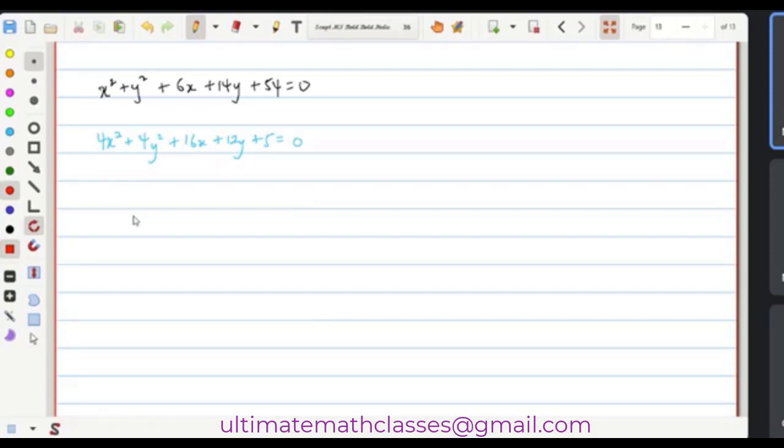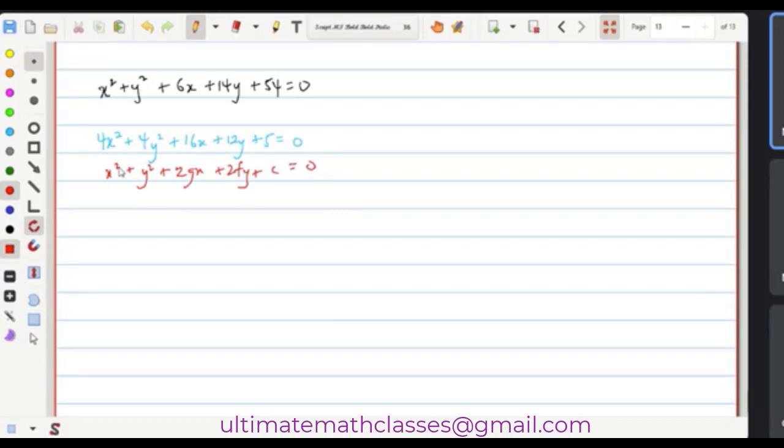Okay, so for those that may be watching, basically you have to compare this to the equation of the circle, which is x squared plus y squared plus 2gx plus 2fy plus c equals 0. The x squared and y squared both have coefficients of 1.